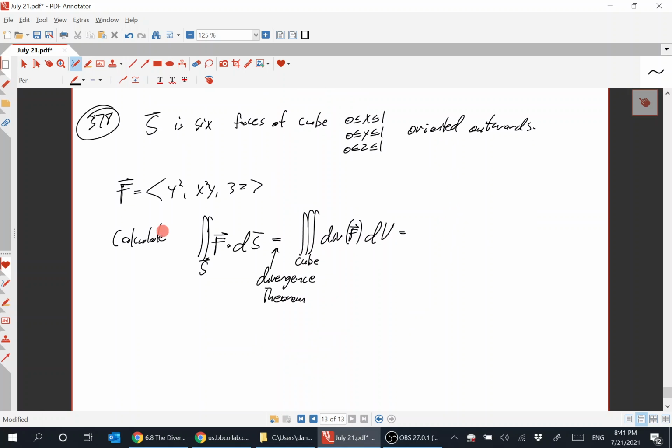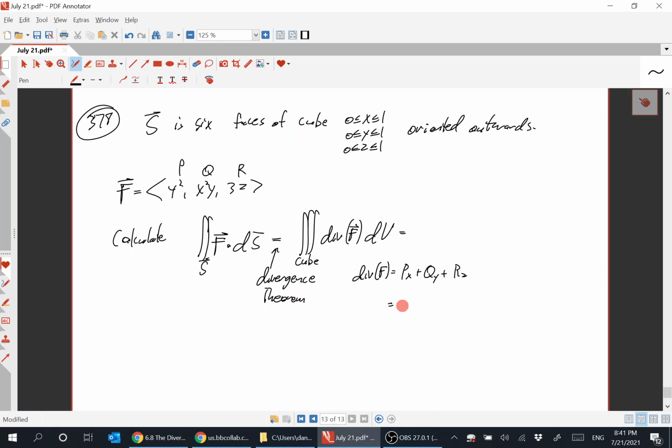The divergence of F is the partial derivative of P with respect to x, plus the partial derivative of Q with respect to y, plus the partial derivative of R with respect to z, where this is P, that's Q, and that's R.